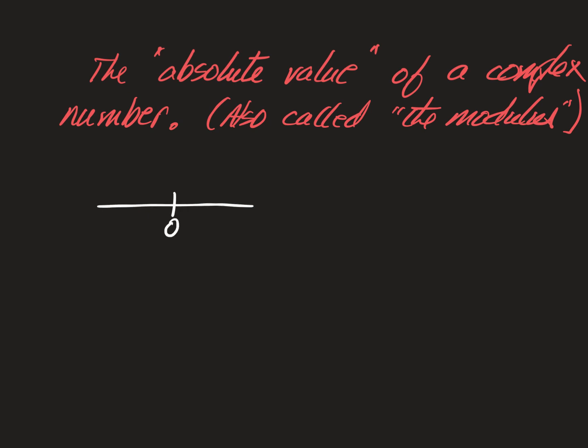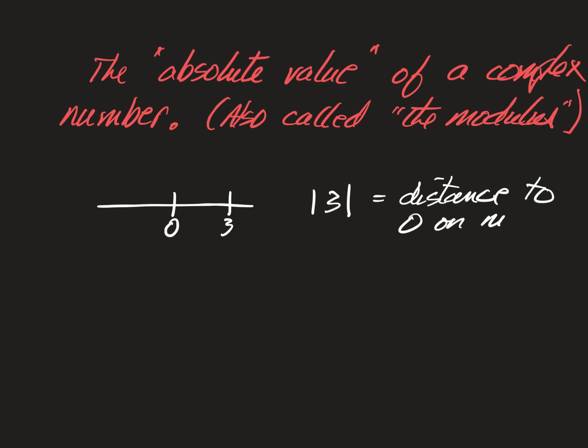So if we look at a number line and we take the number 3, then the absolute value of 3 is really the distance to 0 on a number line. All right? And so the absolute value of 3 is therefore equal to 3.